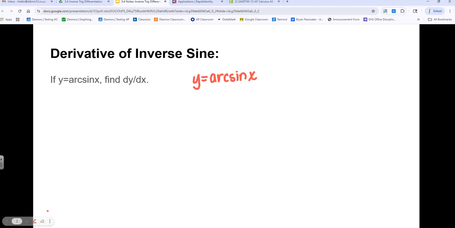So, if I wanted to, what I could do right here is take sine of both sides of this equation. And if I do sine of arc sine, what's going to happen? They cancel each other out because they're inverses of each other. So I would have sine of y just equals x.